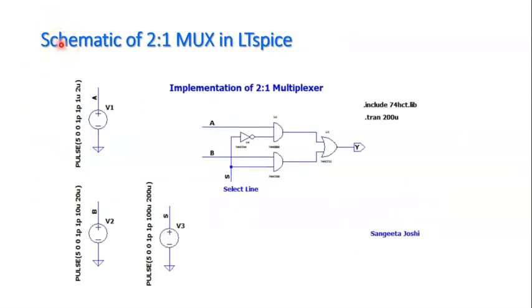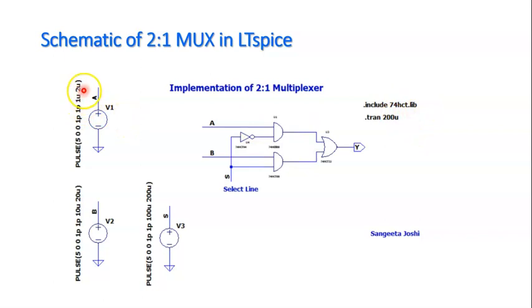Now let us try to see. I have already given you many assignments and lab work related to LTspice, so you know how to draw a schematic in LTspice. This is the schematic which I have just discussed with you for the 2:1 multiplexer. Two AND gates we have taken, one OR gate, one inverter, and we have included the 74HCT.lib.